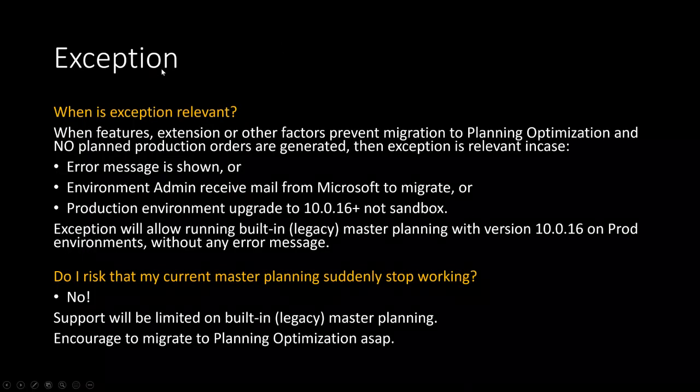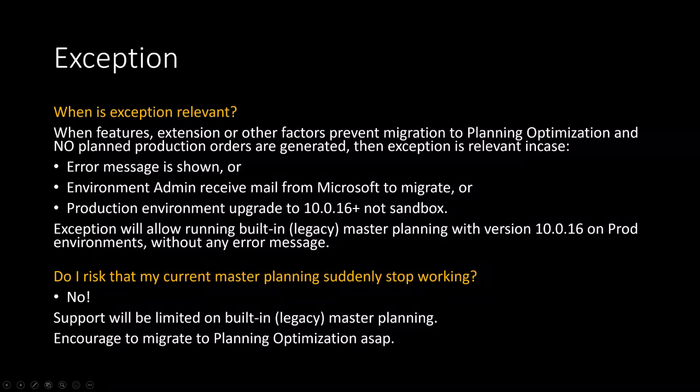So for the exception, when is it relevant? Well, it's relevant whenever features, extensions, or other factors prevent the migration to planning optimization, and you have no planned production orders generated.